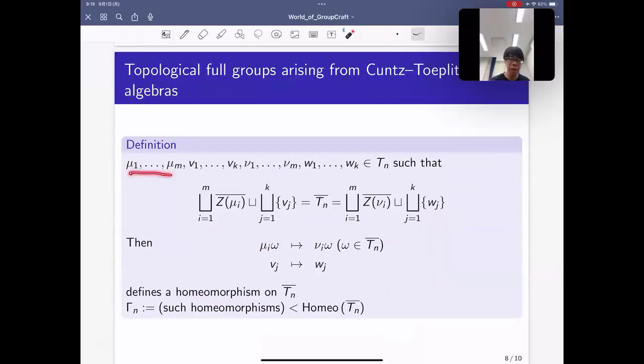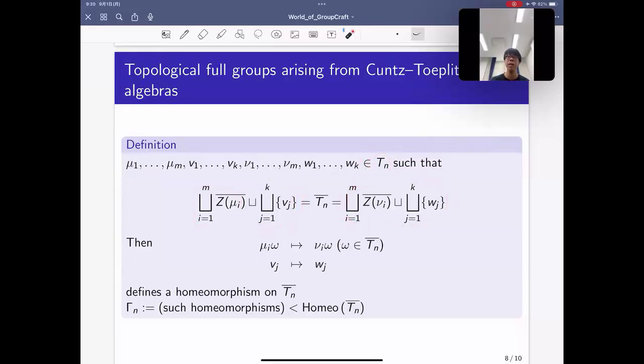Let the mu's and v's, and the nu's and w's, be vertices of a rooted regular tree, such that in addition to spanning the boundary of the tree, they also span the inside of the tree. I will show you the picture later, but they generate the whole compactification of the tree, and the same for nu and w.